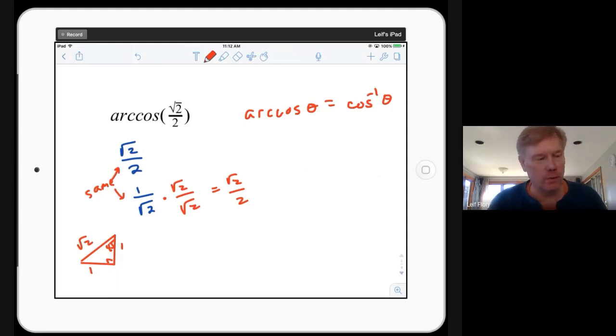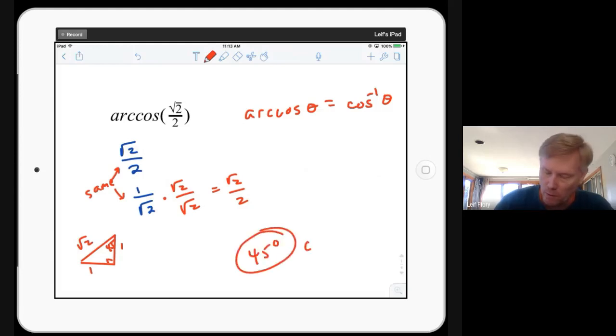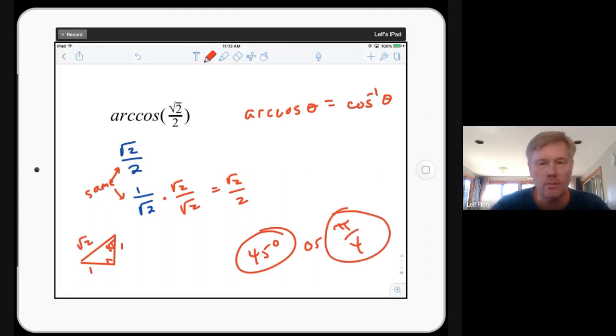In other words, I'm looking for what angle gives me the square root of 2 over 2, which in this case is going to be 45 degrees. Or if you like radians, and you guys should start getting used to these, that's pi over 4, okay? So that's the answer. Questions so far?